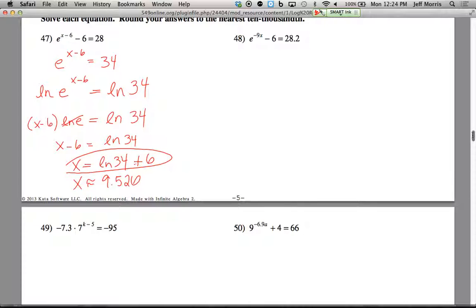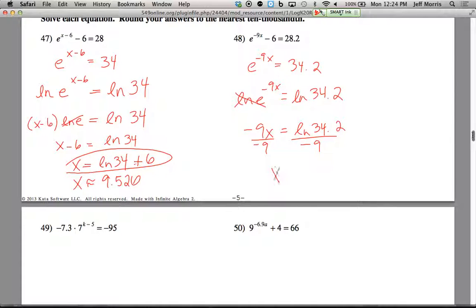48, same thing. What do we do? Add 6. e to the negative 9x is equal to what? 34.2. What do you do? Natural log both sides. What do we do now? ln e cancels. Negative 9x is equal to ln 34.2, divided by negative 9.